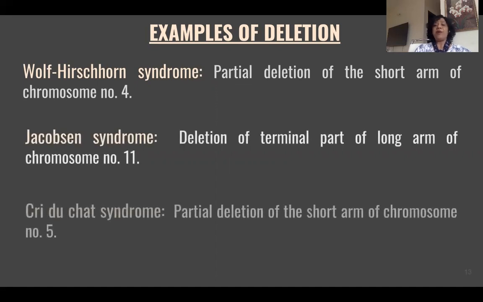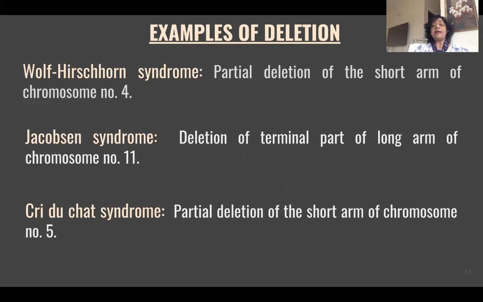I hope you have understood. With the line diagram, I could make it clear how terminal deletion takes place, and how interstitial deletion takes place. I also explained synapsis in homozygous and heterozygous deletion.